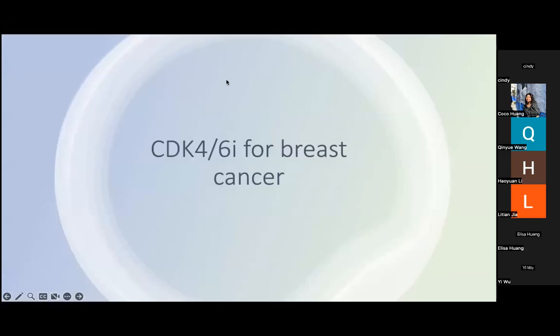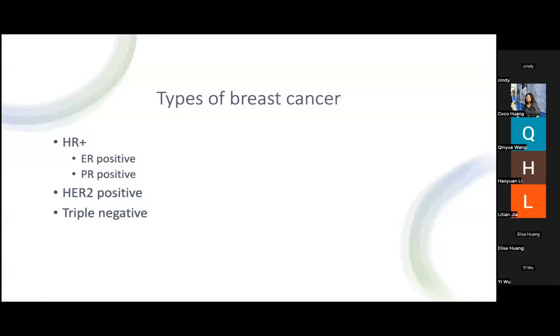Cool. Okay, I'm going to talk briefly about CDK4/6 inhibitors for breast cancer. There are different types of breast cancer, categorized according to what kind of receptor is found on the breast cancer cells.